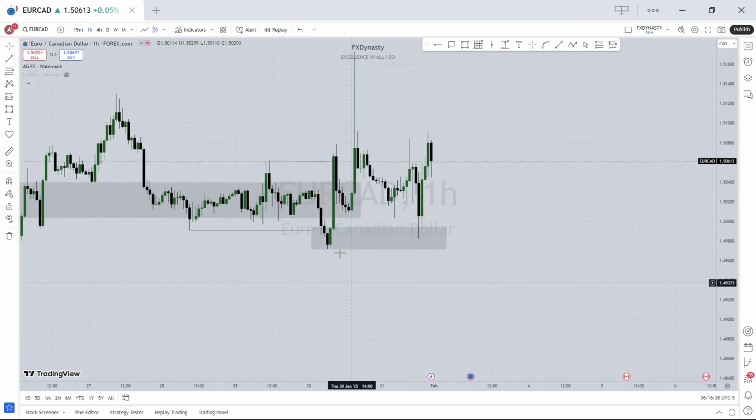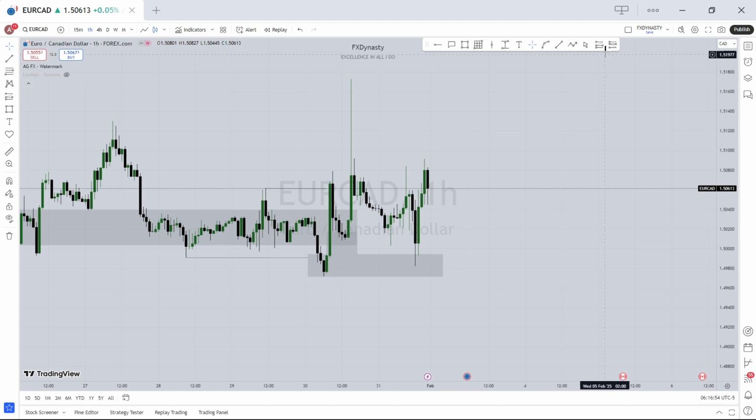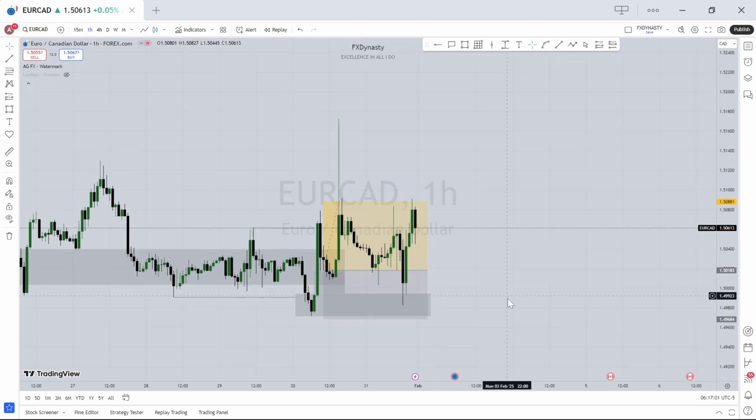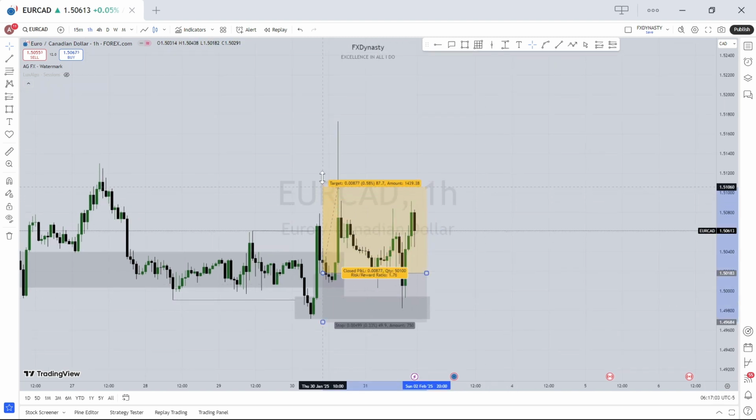On the 1 hour time frame, I told you after we ran this low, we took out this high, a market structure shift. We had what? An imbalance, a fair value gap on the 1 hour time frame. This was where I took my entry, like this. I covered this low about 50 pips and I went like this.